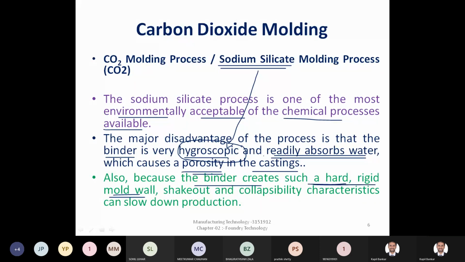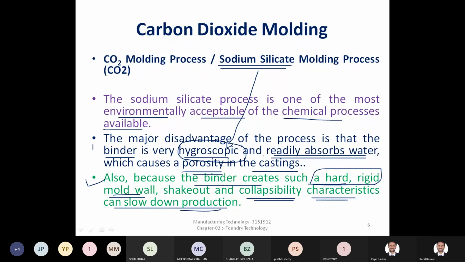Because the mold wall is very hard and rigid, when your final product is withdrawn, it will not easily collapse or be destroyed. That is a disadvantage for us. You cannot easily remove your final solidified product from the mold, so it can slow down the production rate. So this is also a disadvantage.